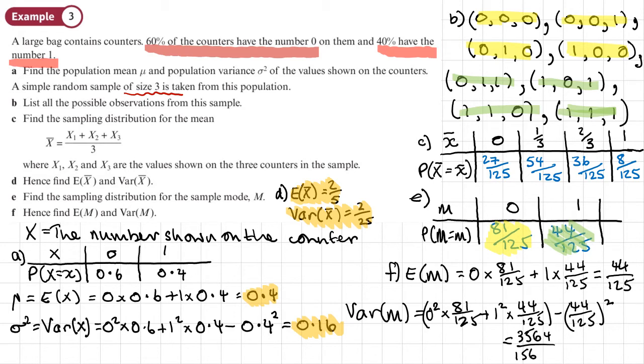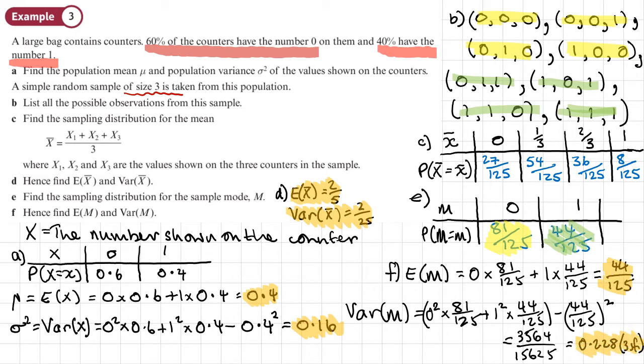We probably want that as a decimal, so 0.22896. So 3 significant figures is fine. So we'll just highlight that answer. So these are 2 answers here.